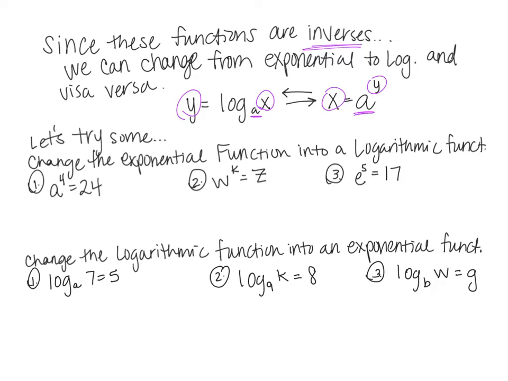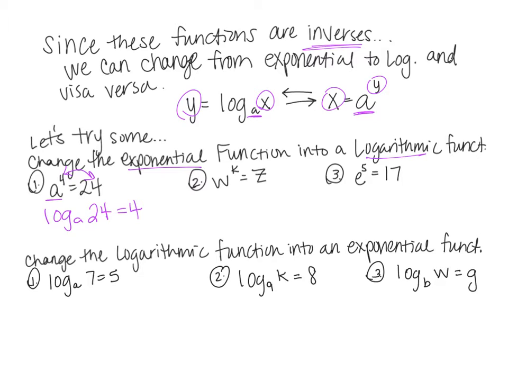The base of the exponent will become the base of the log. So the first one we're going to look at is changing an exponential into a log. So what that means is the base of the exponential is going to become the base of the log. So it's now going to be log a. And I'm going to switch the x and the y, which means 24 will be with the log and 4 will be on the other side of the equals.